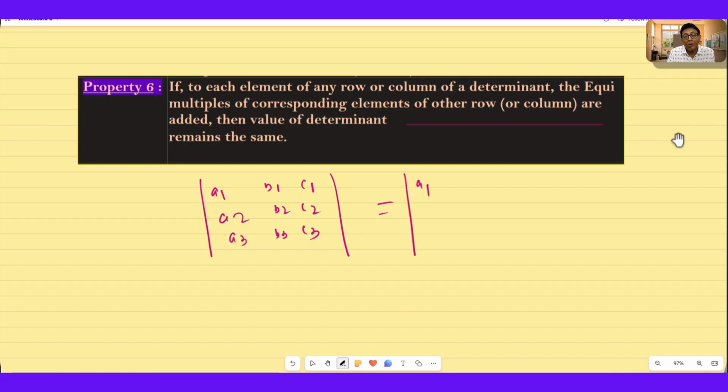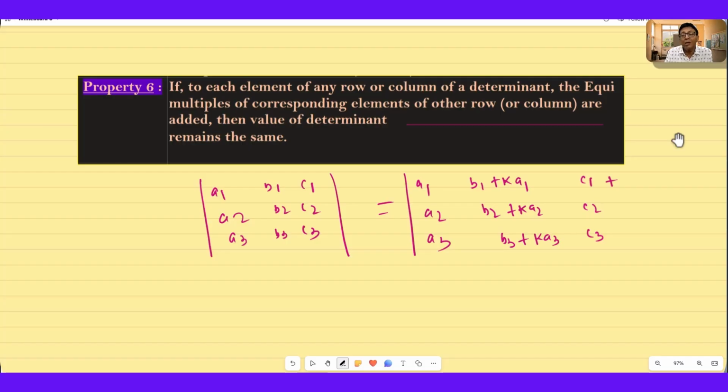I mean A1, A2, A3, if you say that B1 plus K1, B2 plus K2, B3 plus K3, C1, C2, C3. I did it in one column only, then value will be the same. Clear? At the same time, if you say that can't I add this column also multiplying by another scalar M, of course you can do.